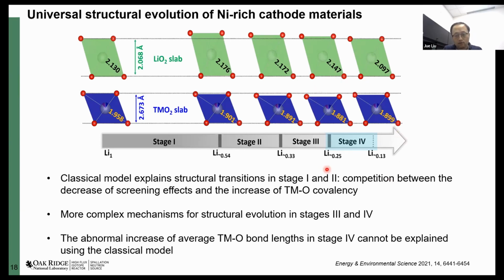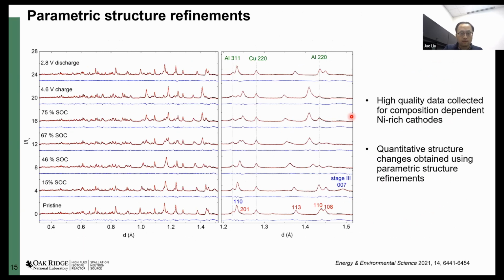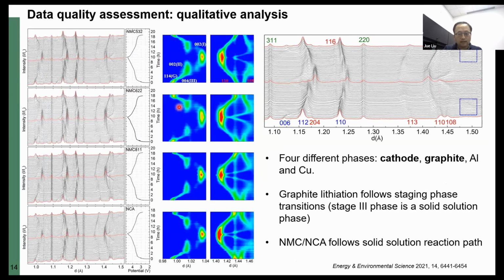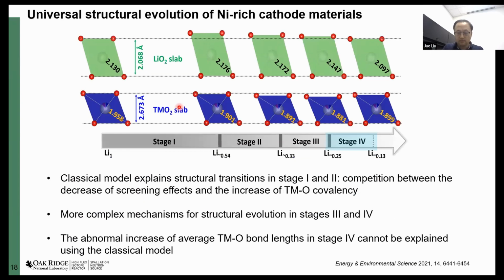So this enormous increase of the metal-oxygen bonds is really something we don't understand at this moment, but it coincidentally correlates with the phenomena that has been observed in this survey type of study. So there must be something happening here, right? That we don't understand at the moment.